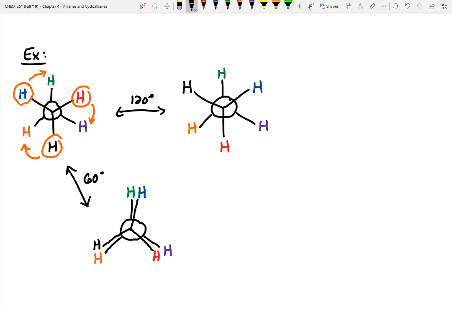And then we can say, all right, what if we take this, move it 60 degrees more. So another 60-degree twist. Where would we be? Yeah, we'd go back to this one. So really, we can either do a full 120-degree twist, or we can do a 60-degree twist followed by another 60-degree twist. Does that make sense?